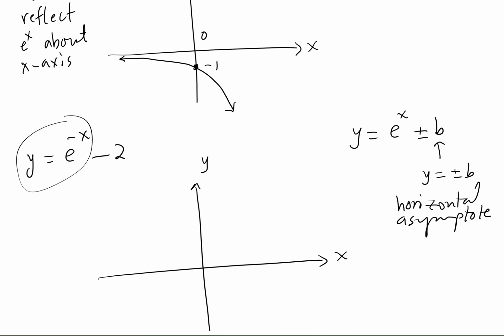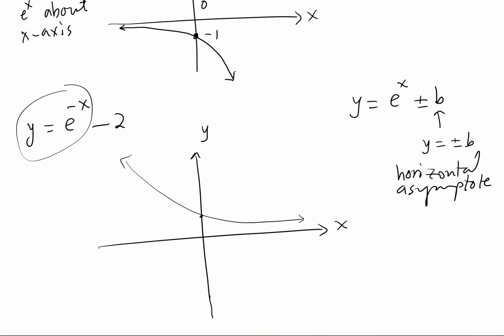We graphed e to the negative x earlier. We said it's a reflection about the y-axis, so it was like this. But in this case, we have y equals negative 2, that's a horizontal asymptote. So this point is going to go down 1 to 2 steps.